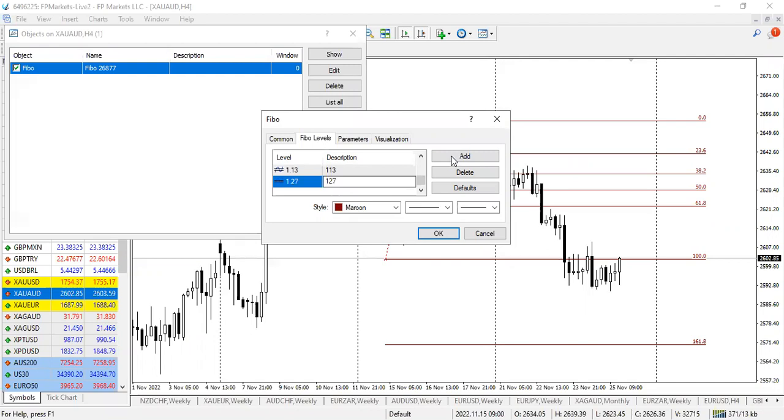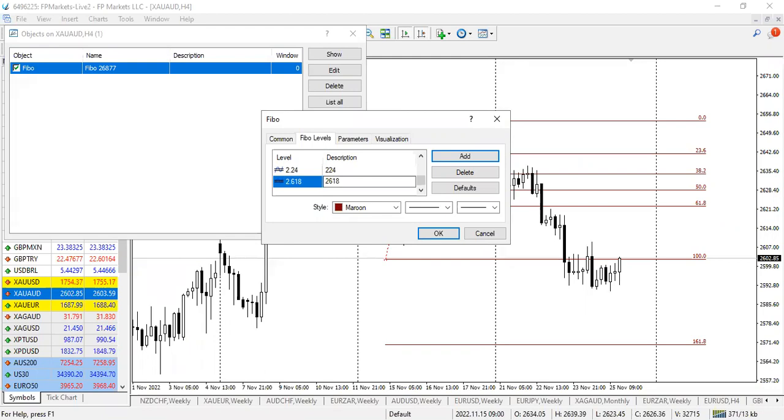I add again 1.41, and here it will be 141. I add again 2.24, and here it will be 224. I add again 2.618, and here it will be 261.8.